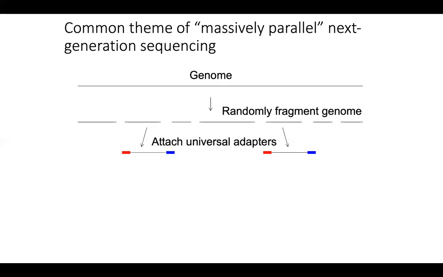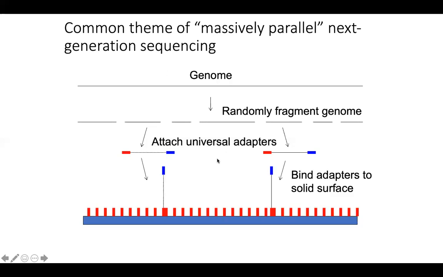So the way to solve it is like cloning them into a vector, but instead here we're not using a bacterial chromosome, but we're using short bits of DNA that are basically glued or ligated to these random fragments, and that now serve as the starting off points for both binding these fragments and amplifying and sequencing them. So the adapters bind to a solid surface, and this is actually done via base pairing, right?